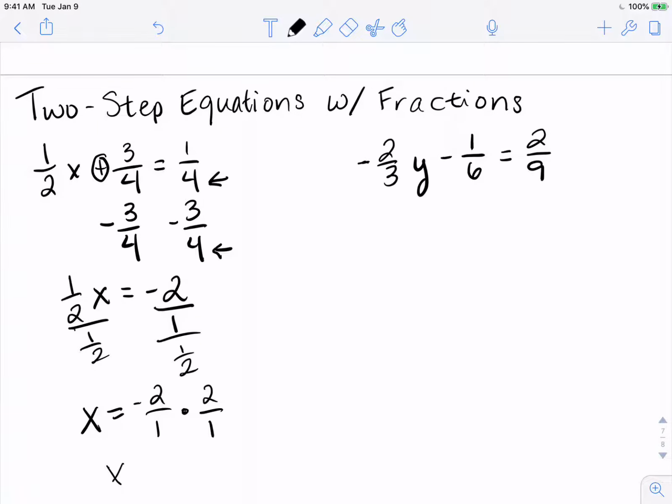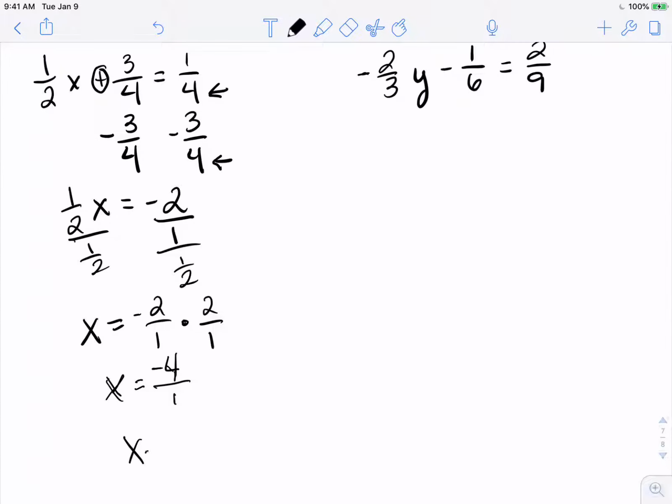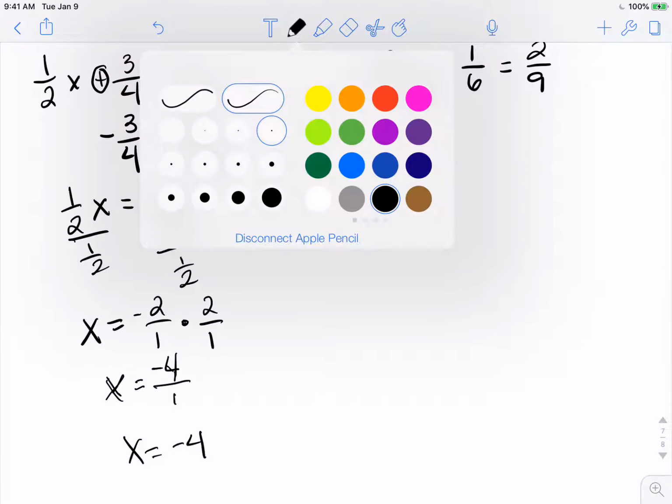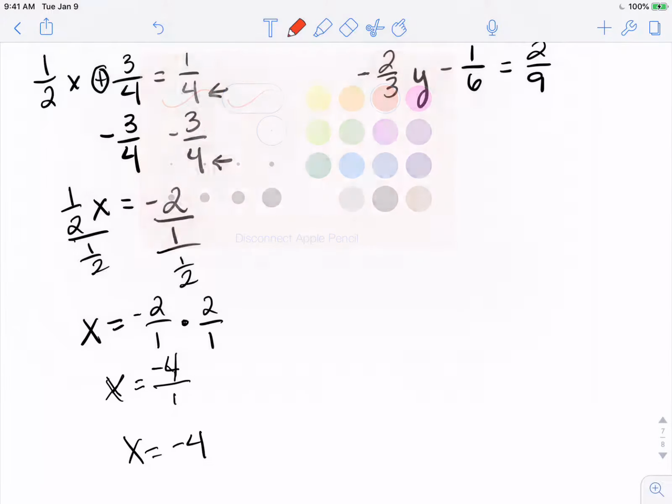So x equals -2 times 2, multiply the numerators. -2 times 2 is -4. And then multiply the denominators. 1 times 1 is 1. So x equals -4. If you ever have an answer that is over 1, you can just write the numerator. It's the same thing.